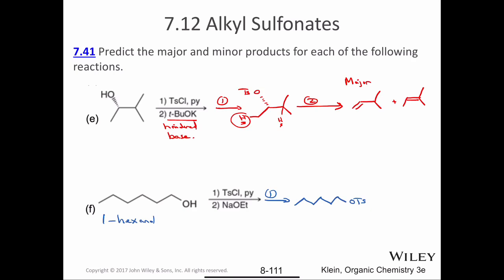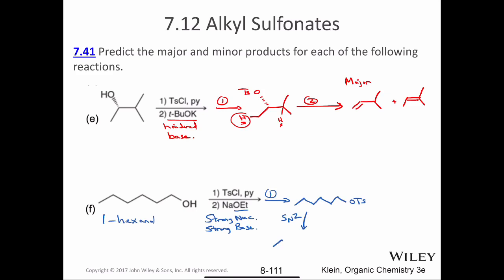So if I'm treating it with sodium ethoxide, ethoxide is a strong nucleophile, and it's also a strong base. So that means I'm going to have competition between SN2 and the E2 pathway. So what's going to happen in this reaction is if I proceed via the SN2 reaction, I'm going to get substitution of the ethoxy group.